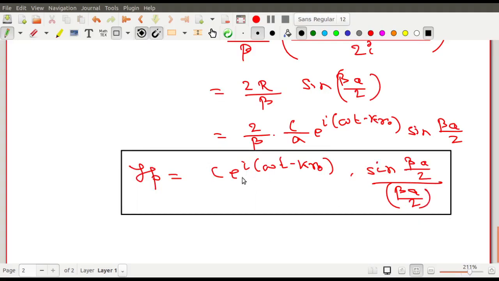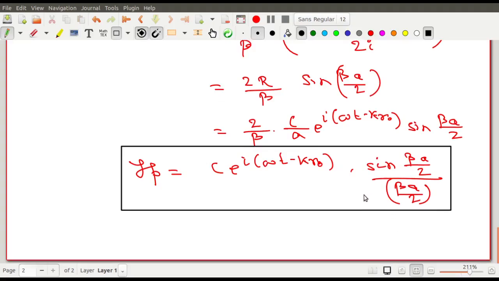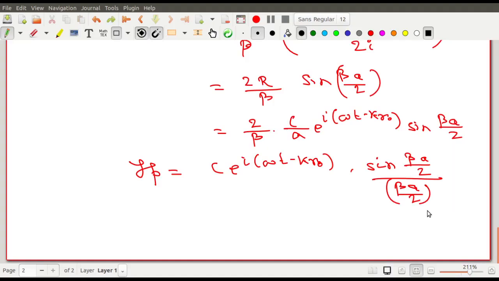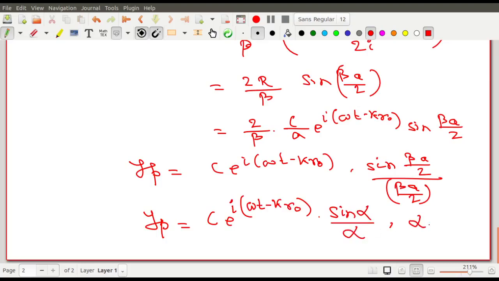So C e to the power i of this portion, and then sine of beta a by 2. And what is this beta? I shouldn't box this, I should write another line and then box. yp comes out to be C e to the power i omega t minus k r0, and then it is sine of alpha divided by alpha, where alpha is equal to beta a by 2.